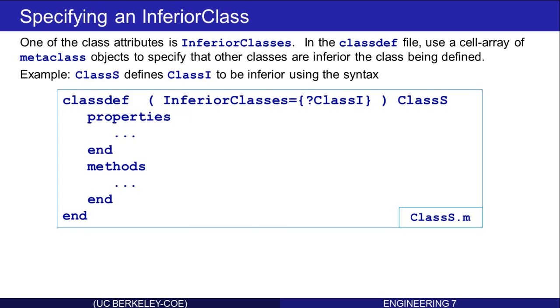It's an attribute of the class, and the inferior classes are a cell array of all the classes that should be considered inferior to this particular class, class S. The question mark is a metaclass operator, and put in front of a class name creates what can be thought of almost as an empty instance of the class I, but it is able to identify itself as class I. Therefore, this list of metaclasses is the way to specify the inferior classes to class S.